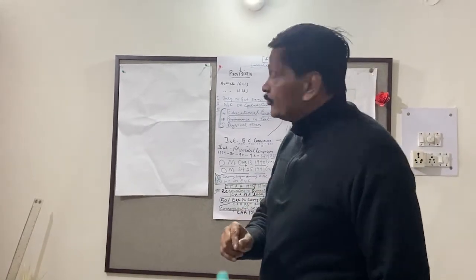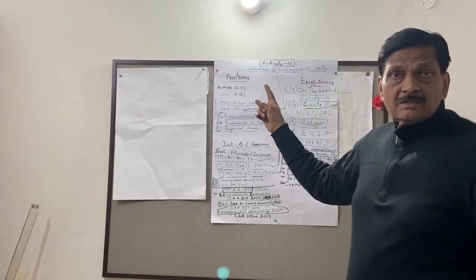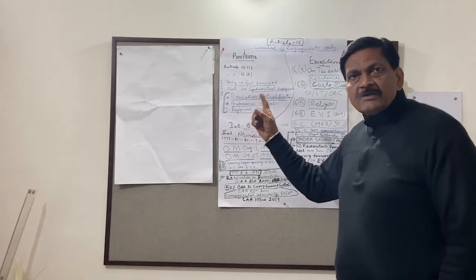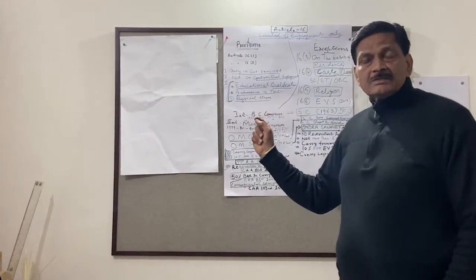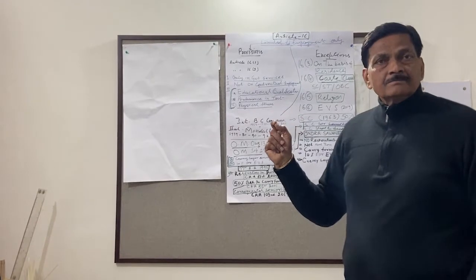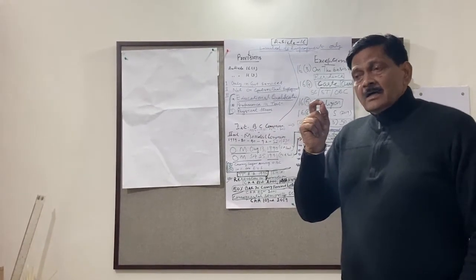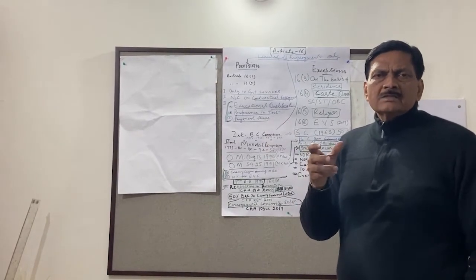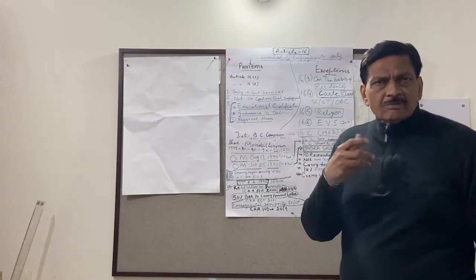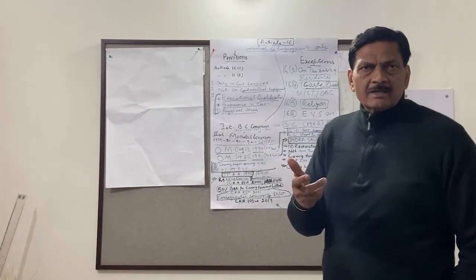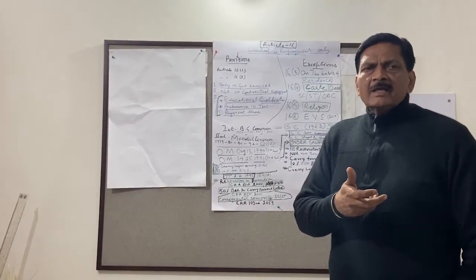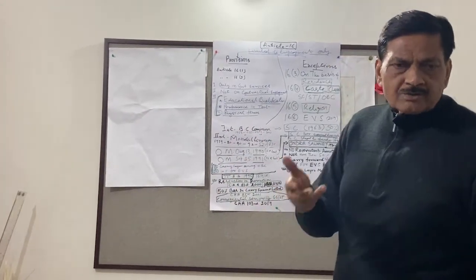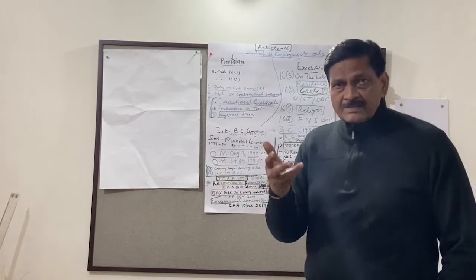Now let us move to the next article in this series, that is Article 17. Article 17 deals with untouchability. Our constitution makers knew that there were so many social evils prevailing in our society before independence, and even after that, so special provisions were made to abolish those evils, and one of them was untouchability.